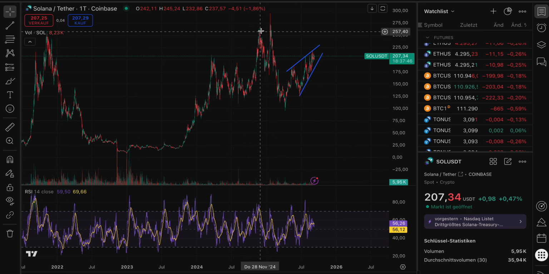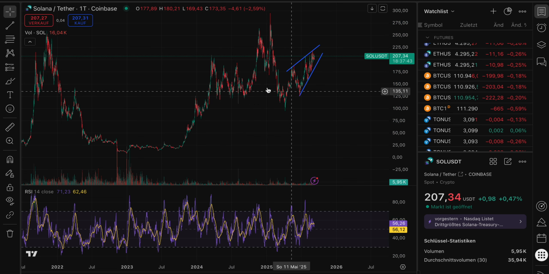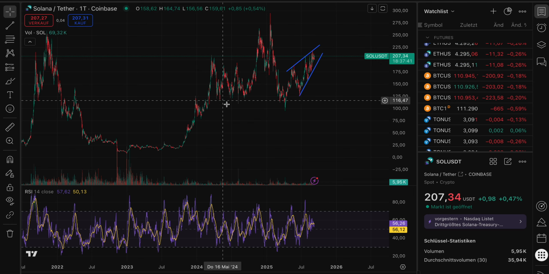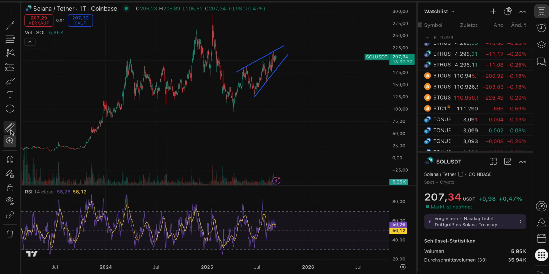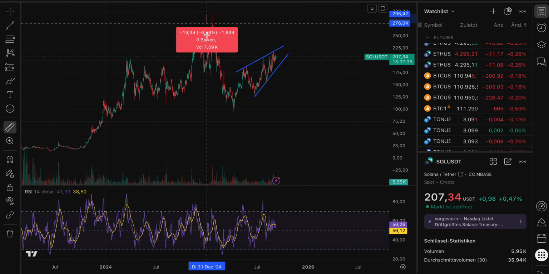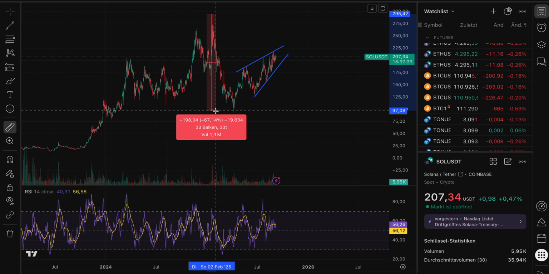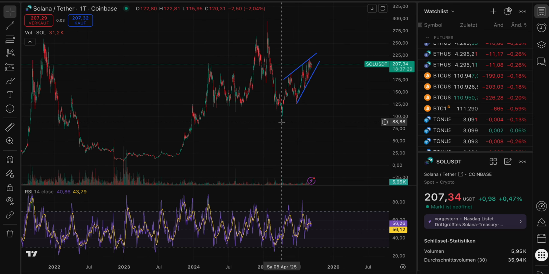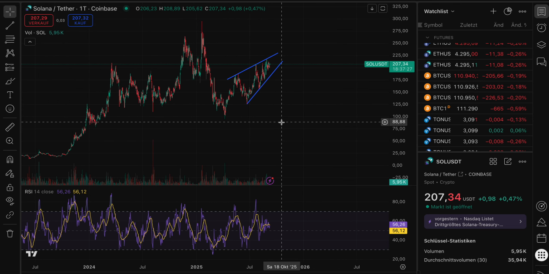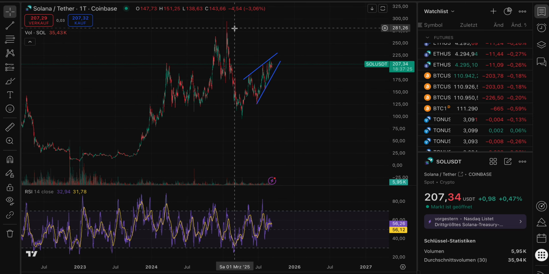And after such a big move up, there has to be a move down, right? Which we saw here, okay? 1,400% up, and after that 67-68% down.